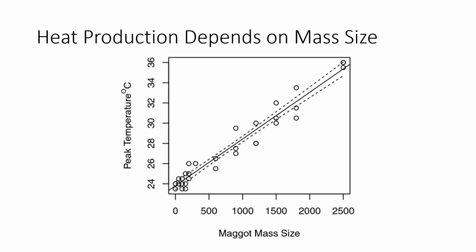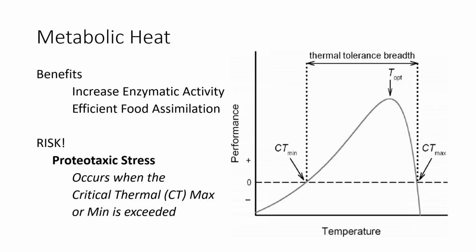And what we see is that with increasing maggot mass, you'll end up getting increasing temperature produced, which isn't super profound, right? Of course, if you're going to have more individuals, they individually are going to generate more metabolic heat, and so it is summative. It just adds on top of each other over and over and over again until the maggot mass dies.